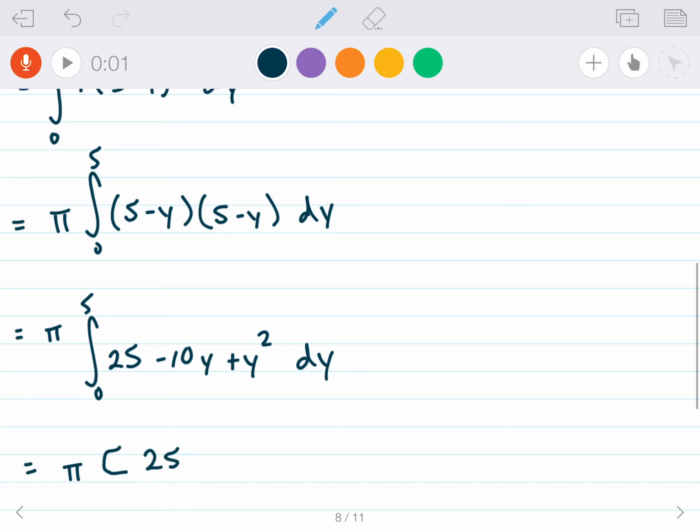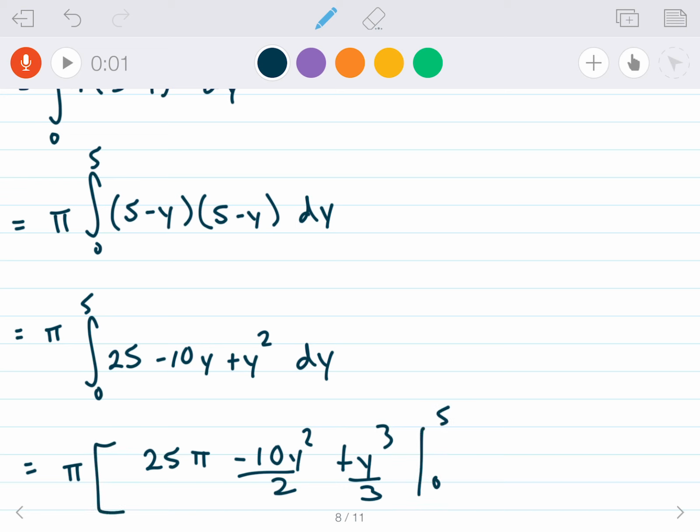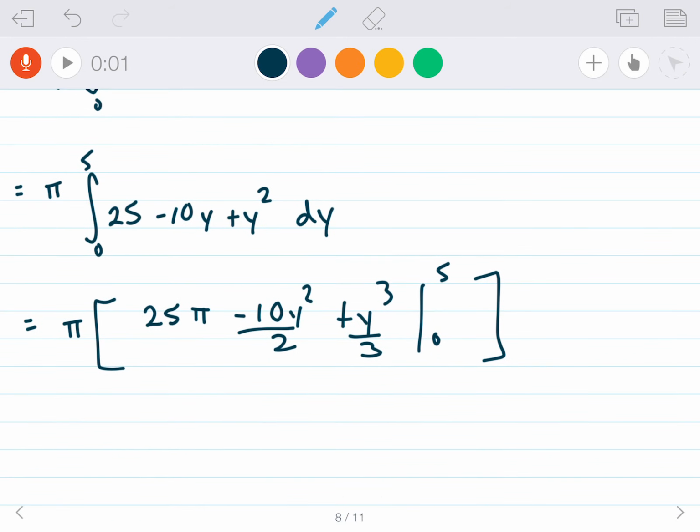When I do that, I get 25y minus 10y squared over 2 plus y to the third over 3, evaluating from 0 to 5. Okay, so plugging in all of that, we get pi times 25 times 5 minus 10 times 5 squared over 2.